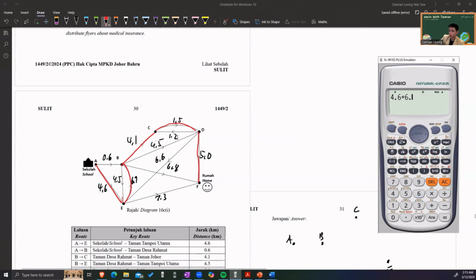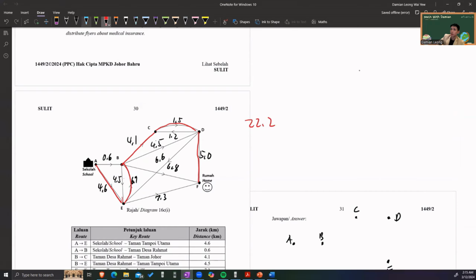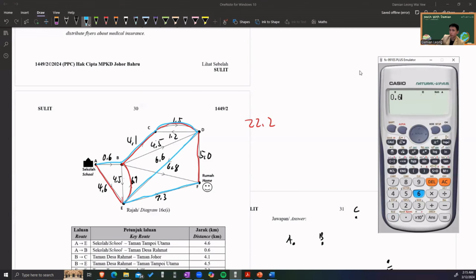This one, 4.6 plus 6.9, 4.1, 1.5, 5, that's 22.2. If I go this way instead, 0.6, 4.1, 1.5, 6.6, 7.3.